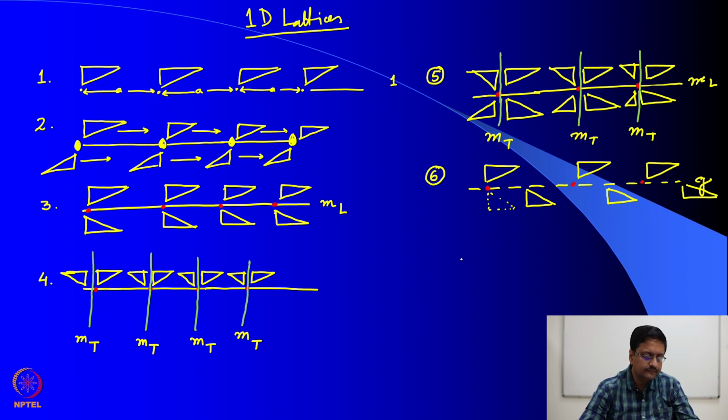The seventh and last type of 1D lattice is a combination of glide and a transverse mirror symmetry element, which I am now trying to draw.